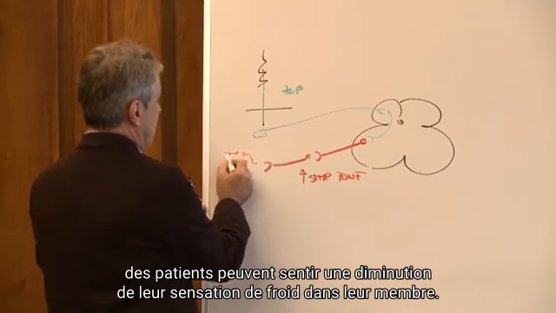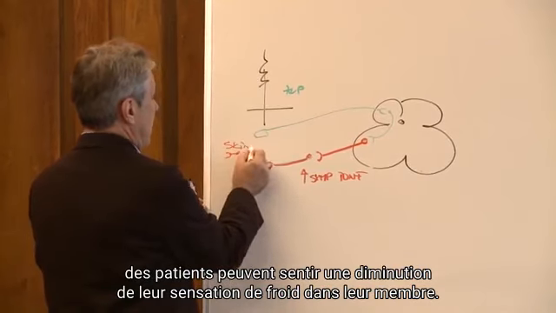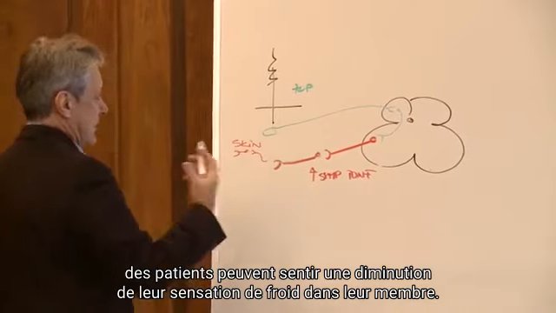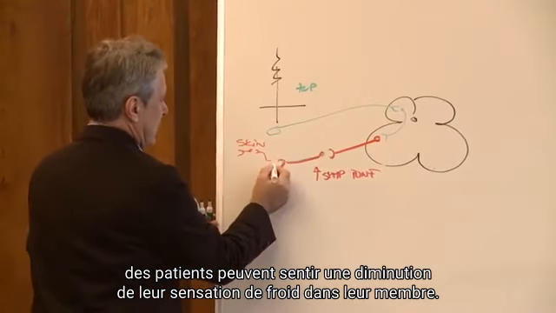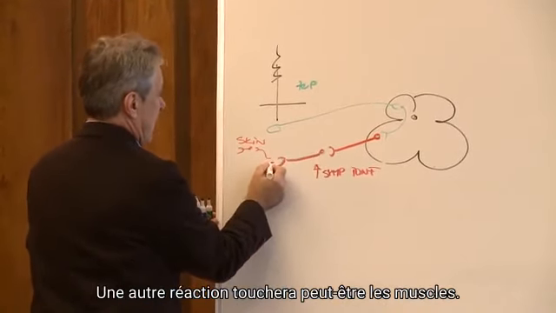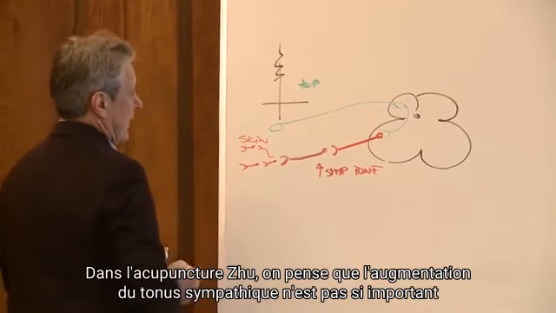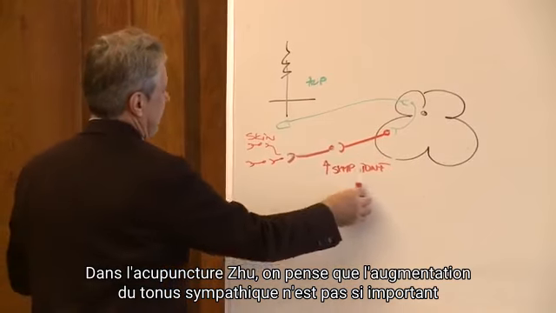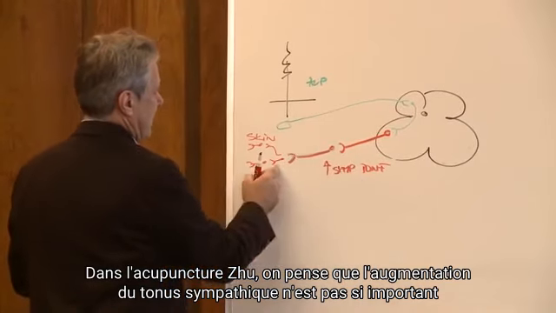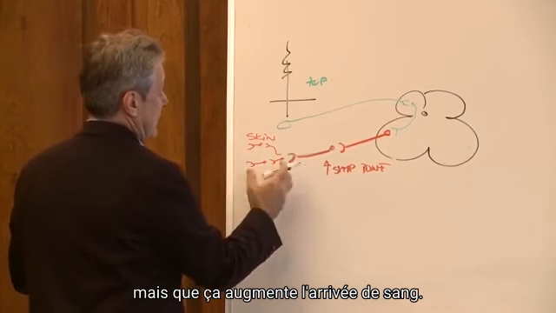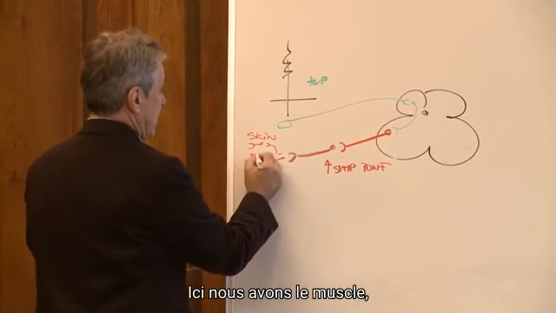In other words, some patients may respond with a decreased temperature or a feeling of coldness in the limb. Another reaction may be that we may affect the muscles. In humans, basically, it's believed that the increased sympathetic tone is not that important, but if anything, it does increase the blood flux. So this is the muscle.